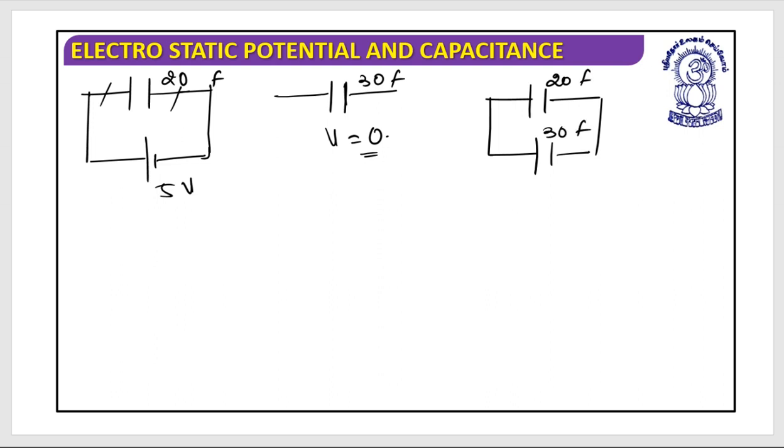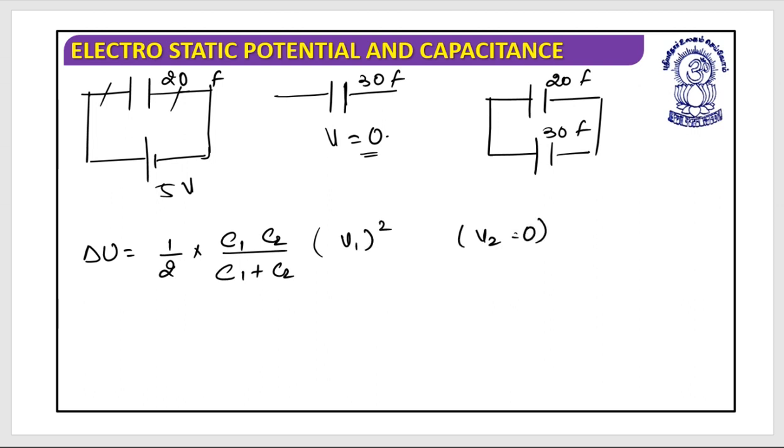If I go with the formula, what I can have is that delta U is equal to 1 by 2 multiplied by C1 C2 divided by C1 plus C2, into bracket V1 square, because V2 is 0.